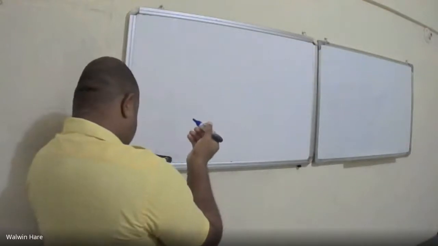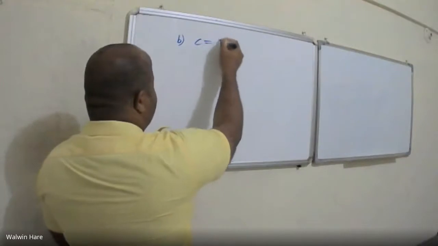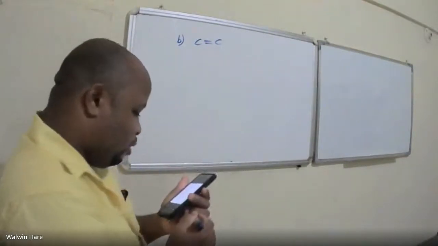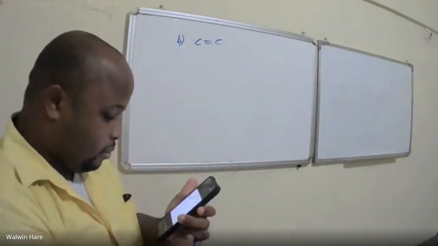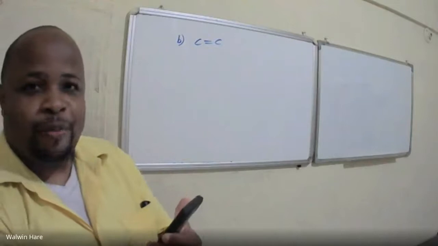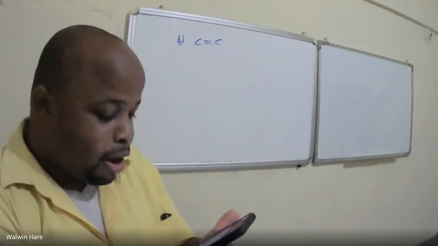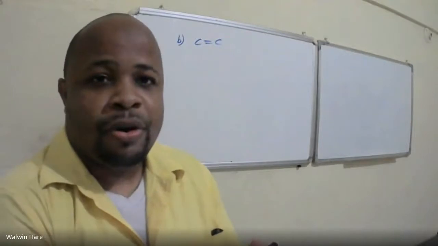So number 4B, both of them have the carbon to carbon double bond. No, I always want one. Give me the next one. So we're doing part B of number 4.